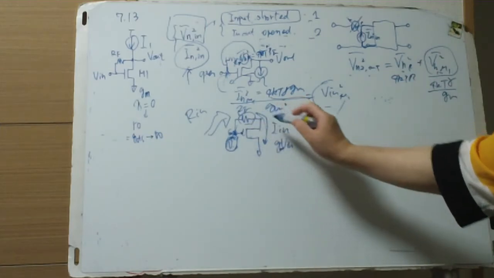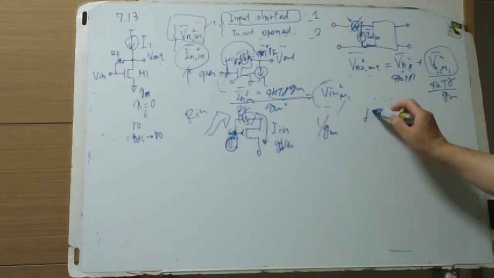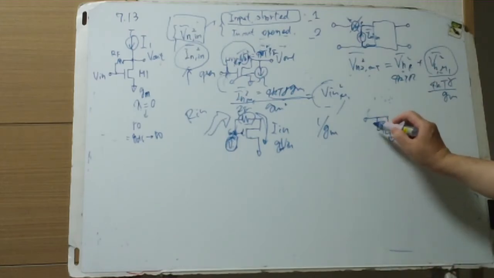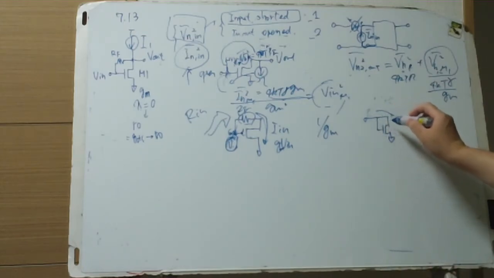So this is just the same as this one. The resistance looking into the drain is 1 over GM.